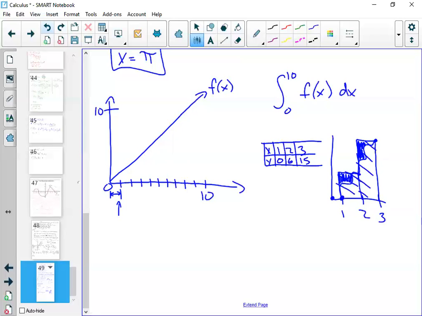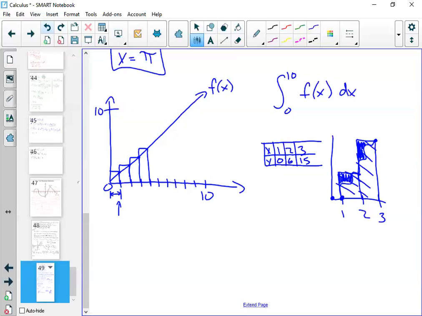So notice the right end gives us, we're at 1, so we go up to our function value, and then we just draw a rectangle based on that value. So this is what the process would be if I said use a right Riemann sum approximation. You would do something like this.